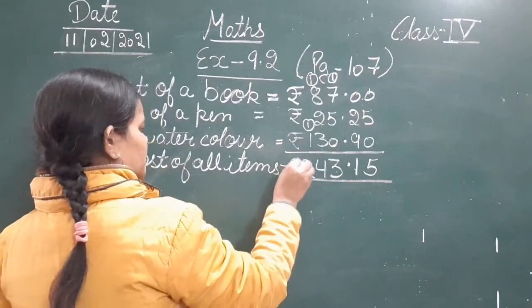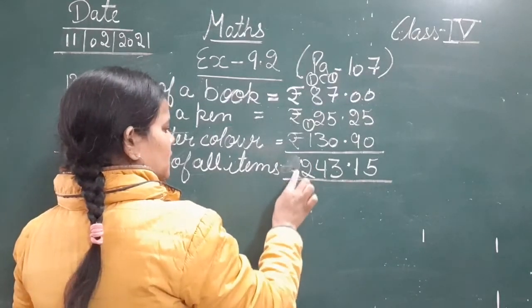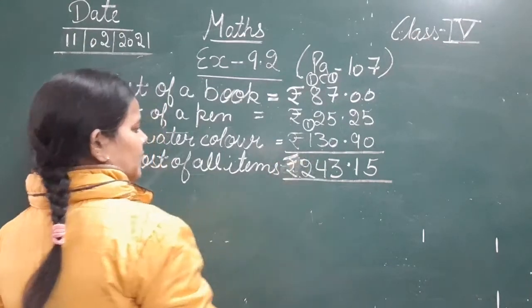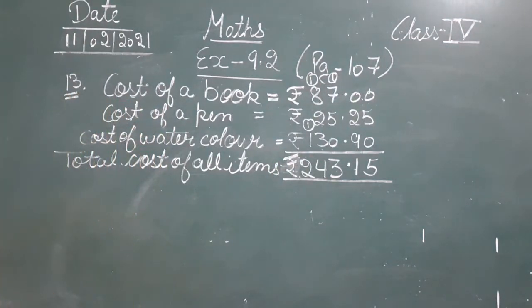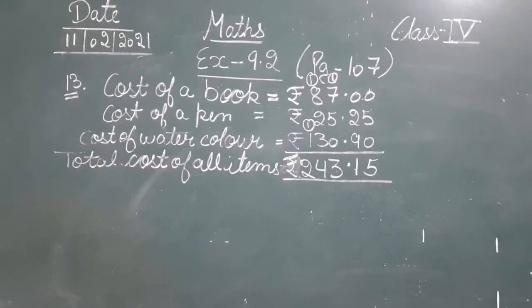So the cost of all the items is 243 rupees and 15 paise. This is the total cost of all the items bought by Rekha.